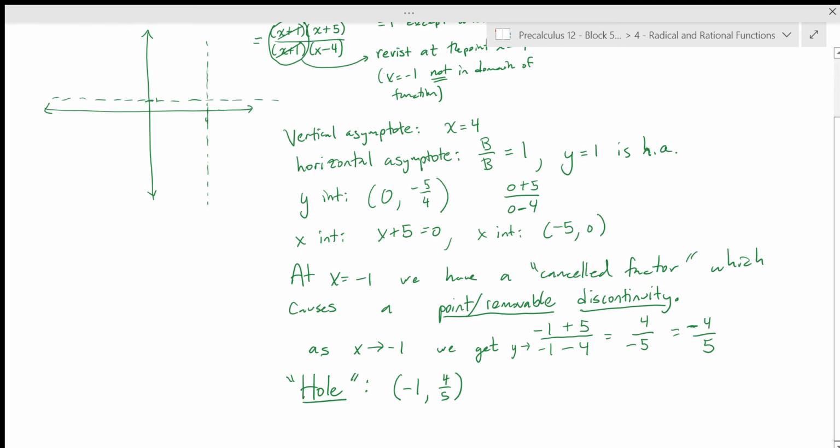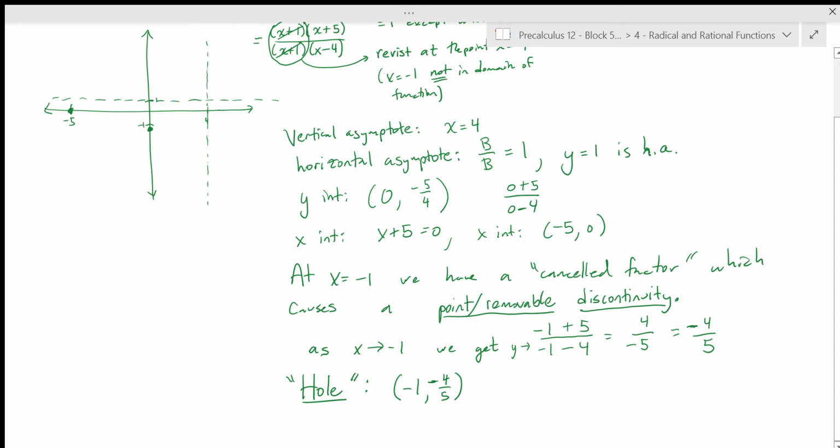We will put in our x-intercept at negative 5, and we can put in our y-intercept at negative 4/5. Let me keep my signs everywhere correct. So if this is negative 1, negative 4/5 is just below that.